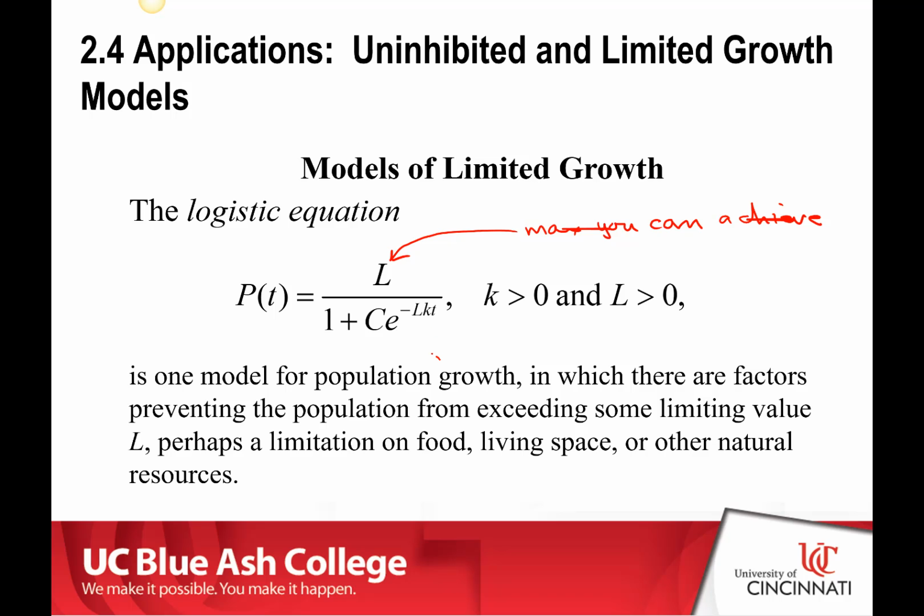It's used up top, but it's also down here in this exponent. Don't overlook that. What you are going to have to compute in every situation is the value for K, right there, and you're going to have to compute the value for C.